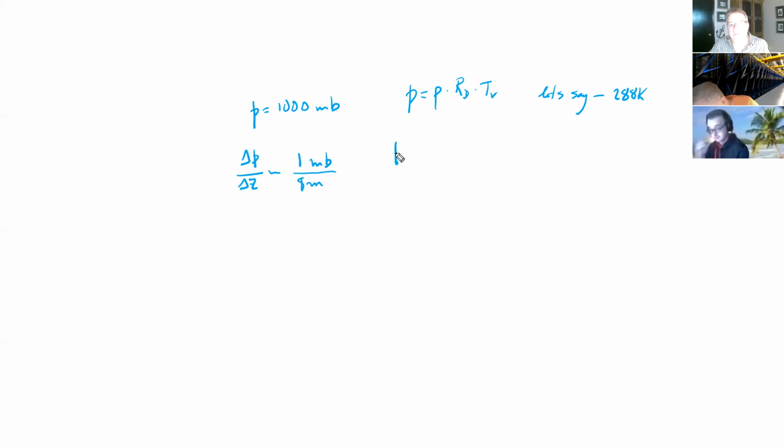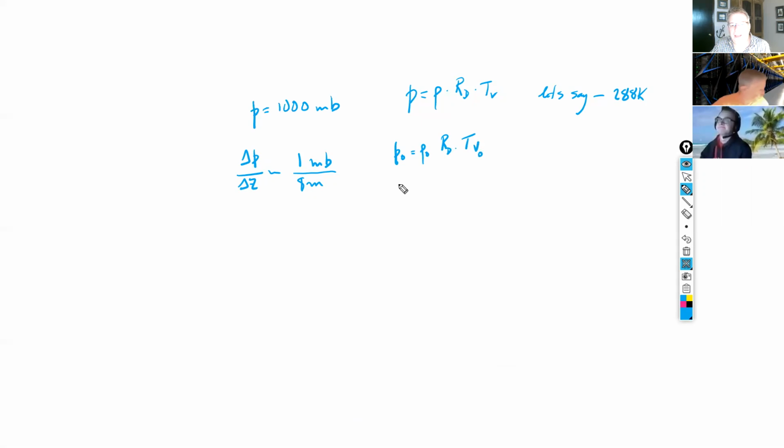Then what is the density at the surface? So P naught equals density naught times R_d times T_v naught. And what we're going to say is 102,000 pascals equals the density times 287, and then the virtual temperature, 288.